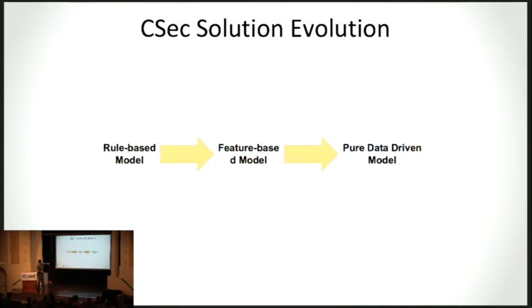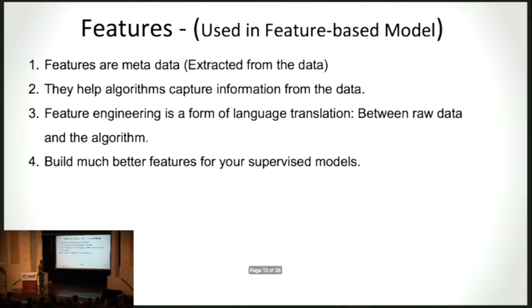When you move from rule-based to feature-based, you're forcing your data to encode all the behavior, all the state that you're seeing, into an actual variable, literally in the form of a matrix. That's when it becomes important to build that kind of model.